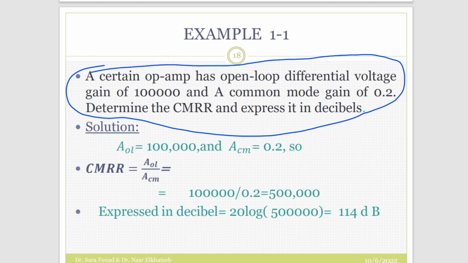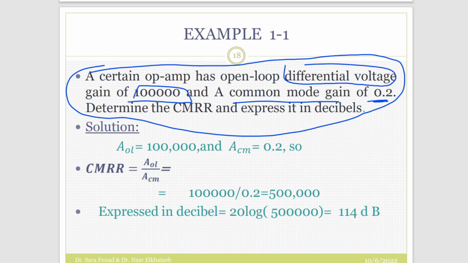This means we have an operational amplifier with an open loop differential voltage gain, connected in differential ended mode. The open loop gain is 100,000 and the common mode gain is 0.2. So determine the CMRR and express it in decibels.